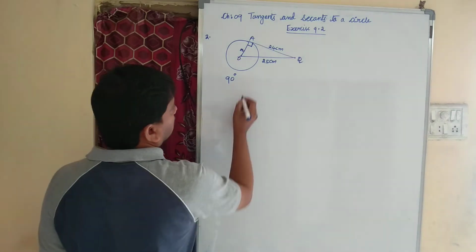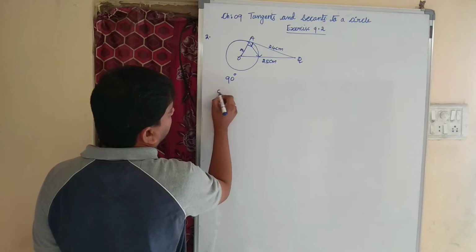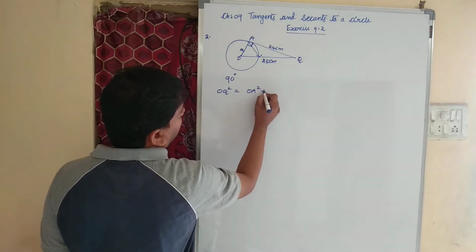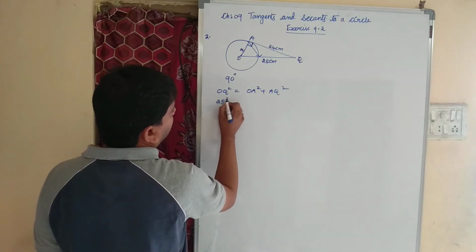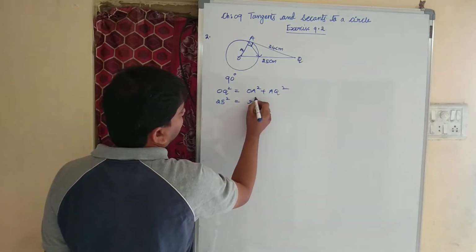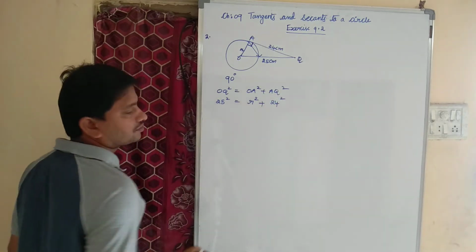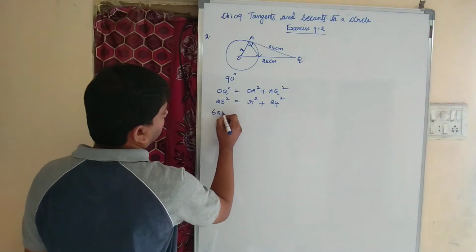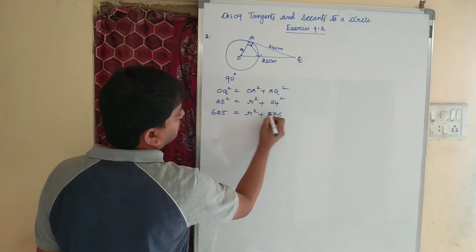So the side opposite to the right angle is called the hypotenuse. Here the hypotenuse is OQ square and the other two sides are OA square and AQ square. OQ is 25, so 25 square equals OA, which is nothing but the radius, plus AQ, which is given as 24 square. So 25 square is 625, equal to R square plus 24 square, which is 576.